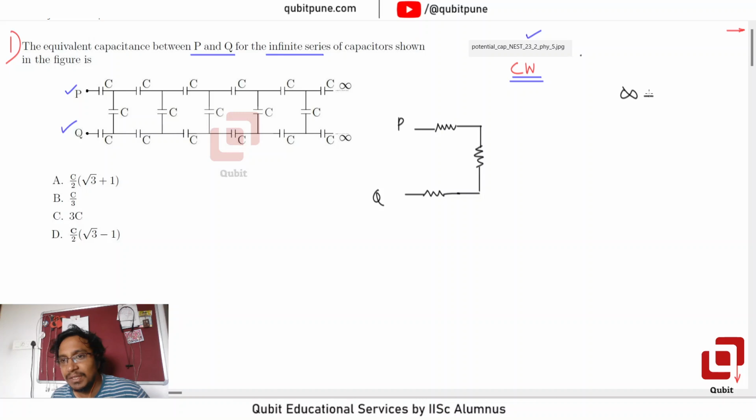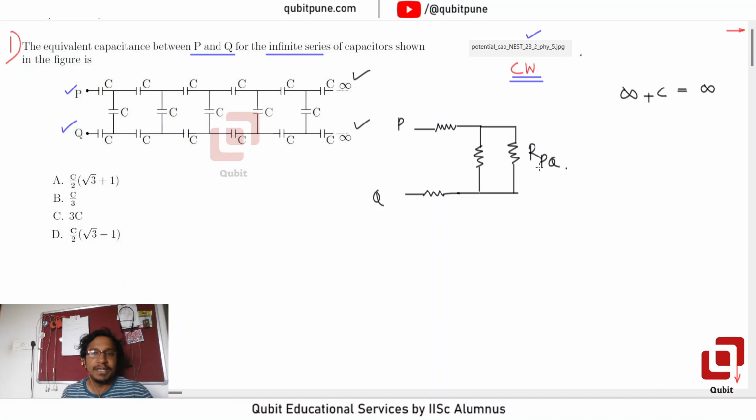Because infinity plus any number is still considered infinity, we can assume the net resistance across PQ can also be considered this, and then you can find R_PQ with that equation. Essentially the same thing needs to be done here.